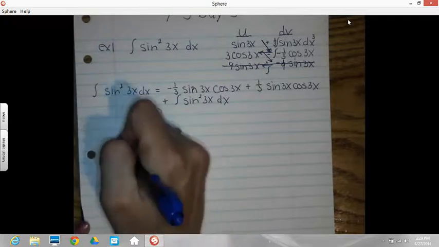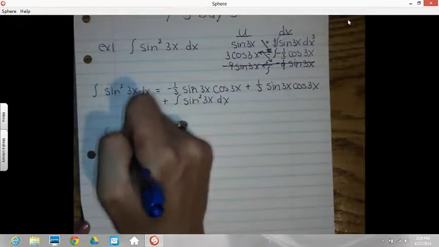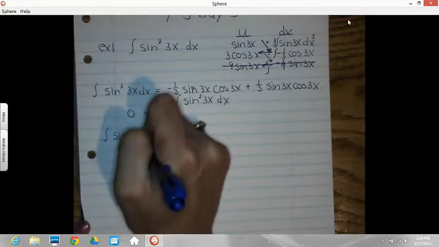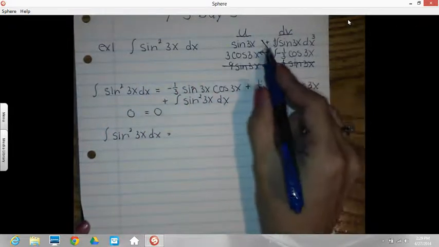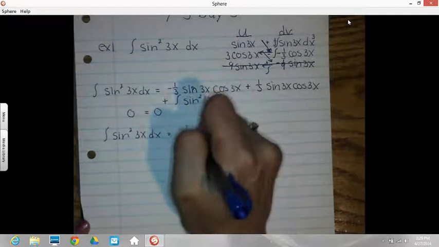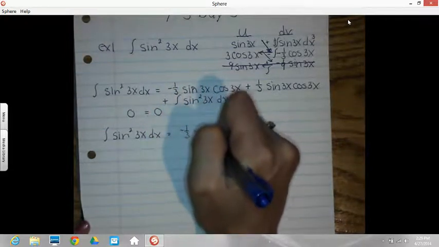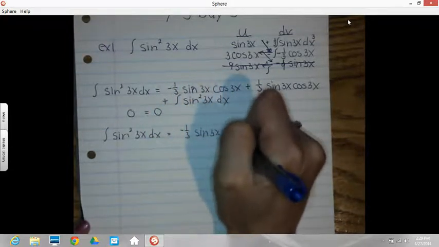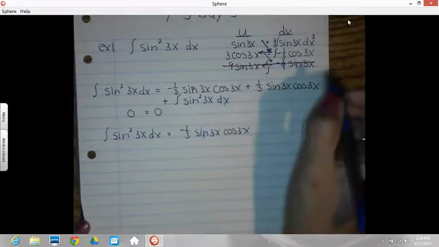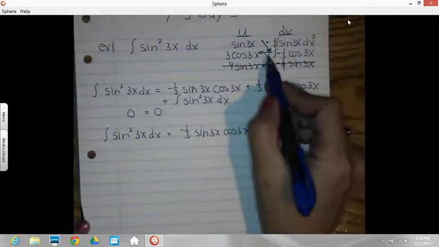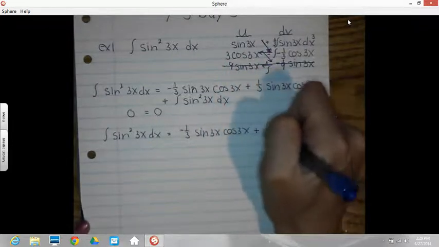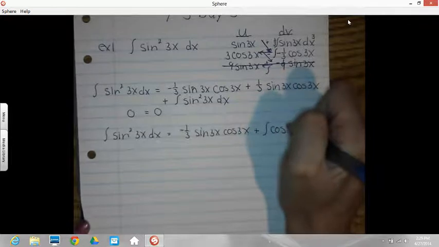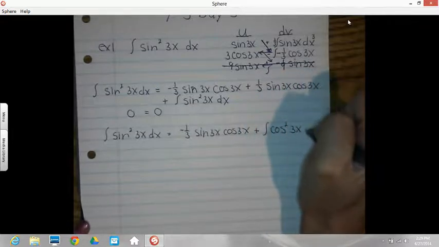The integral of sine squared 3x dx equals, this will be a negative 1/3 sine 3x cosine 3x. And a negative and a negative is a positive. That'll go to 1 cosine squared 3x dx.